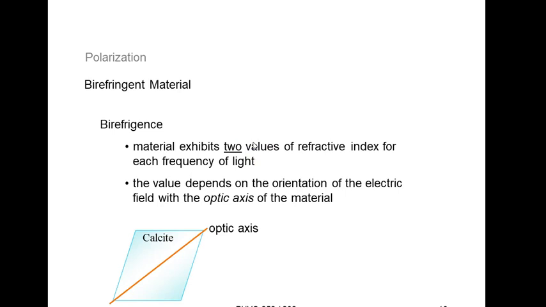So a common material is calcite. And again, if you were a rock collector when you were young, you may have had a calcite crystal. So in any birefringent material, and birefringent, we're usually talking about solids. Liquids can also exhibit birefringence, although it's usually referred to as optical activity. Okay, so in this calcite, there is a definite axis. We call it the optic axis.